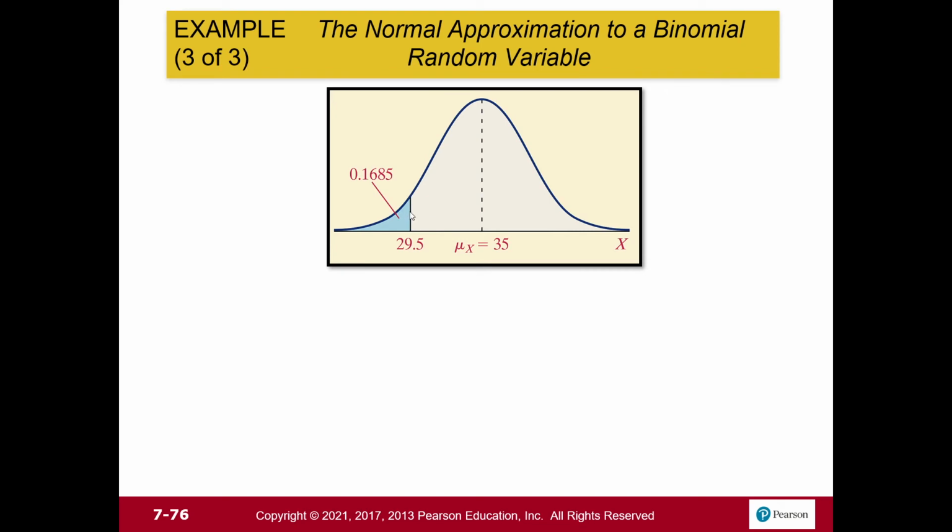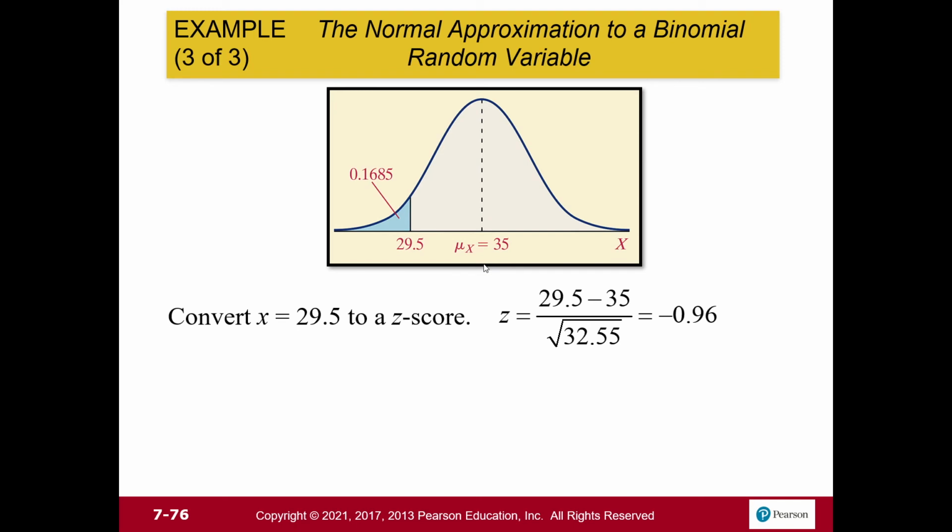It's going to be from 29.5 all the way down. So our lower bound will be some negative number, like negative 10, negative 100. Our upper bound will be 29.5, our mean 35, and our standard deviation would be what we got it to be.